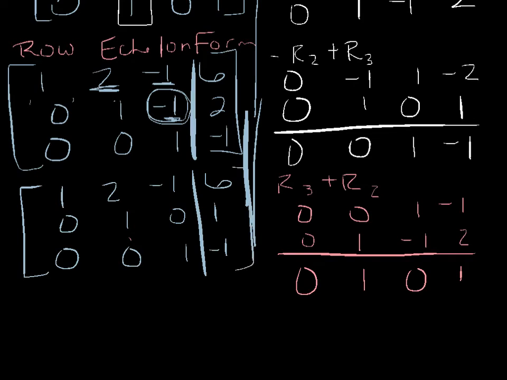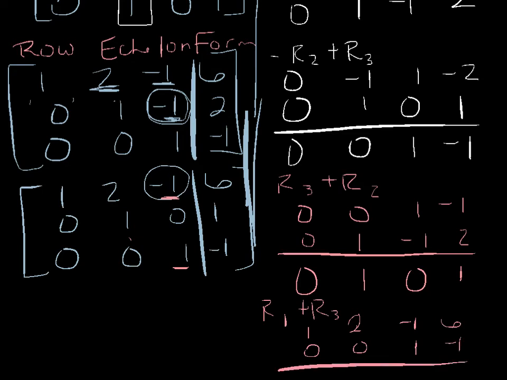Now I need to work on this one. So notice I can just add row 1 and row 3 together. So row 1 plus row 3. So 1, 2, negative 1, 6, plus 0, 0, 1, negative 1.